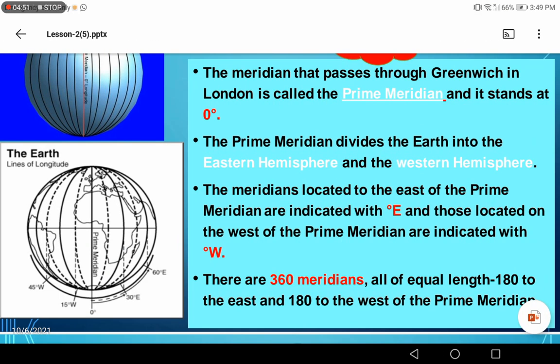Now, the meridian that passes through Greenwich in London is called the prime meridian, and it stands at 0 degree. The prime meridian divides the earth into the eastern hemisphere and the western hemisphere.